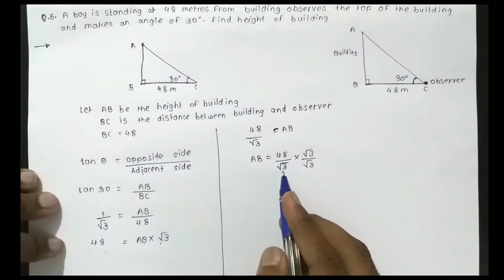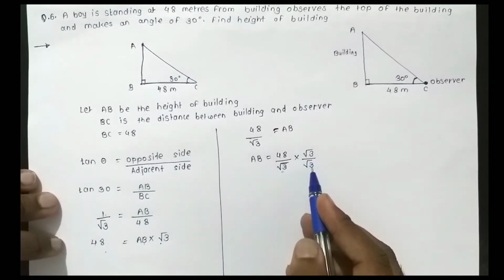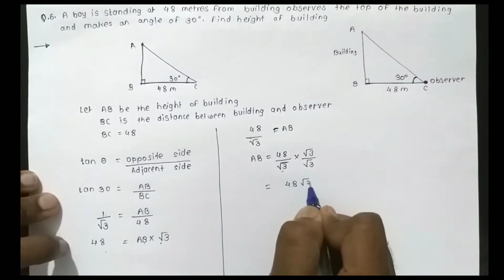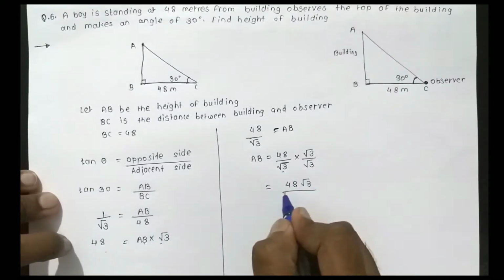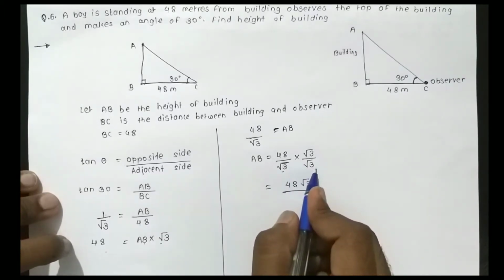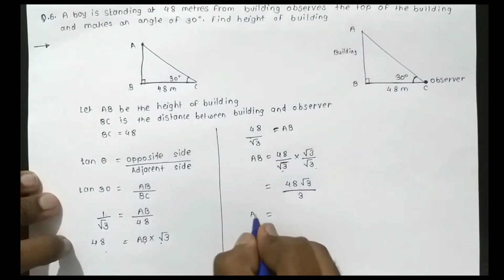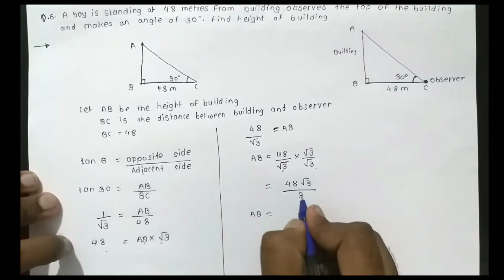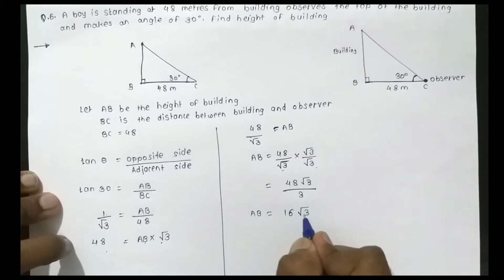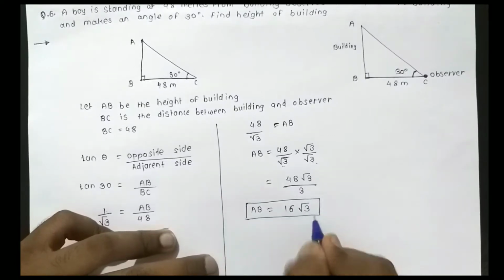Here the denominator is root 3, so we multiply by root 3 and divide by root 3. So the answer becomes 48 root 3 whole divided by 3, since root 3 times root 3 is 3. Dividing 48 by 3, it becomes 16 root 3. This is the height of the building.